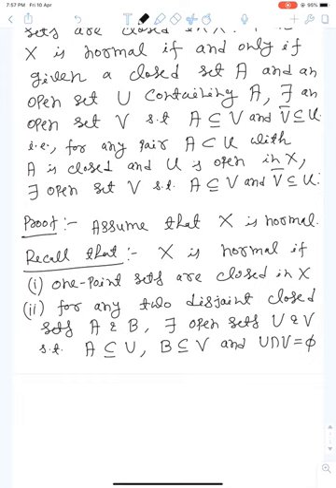That means for any pair A subset of U, there exists a V such that A is a subset of V and V closure is a subset of U. So we will find the existence of such a V. Okay.